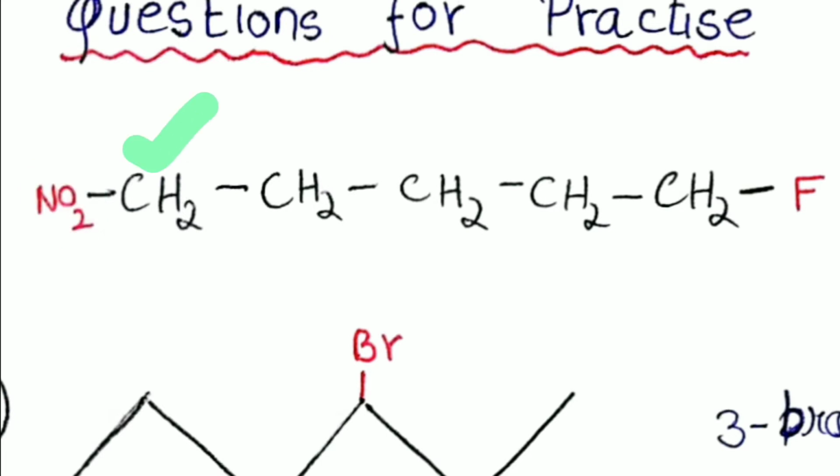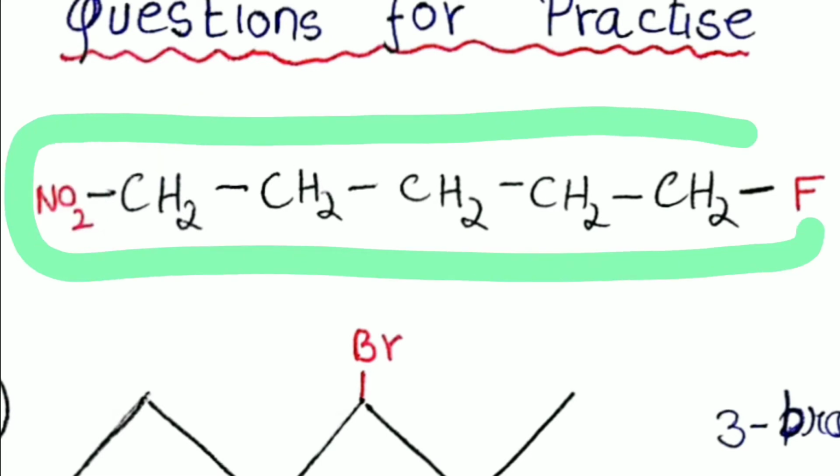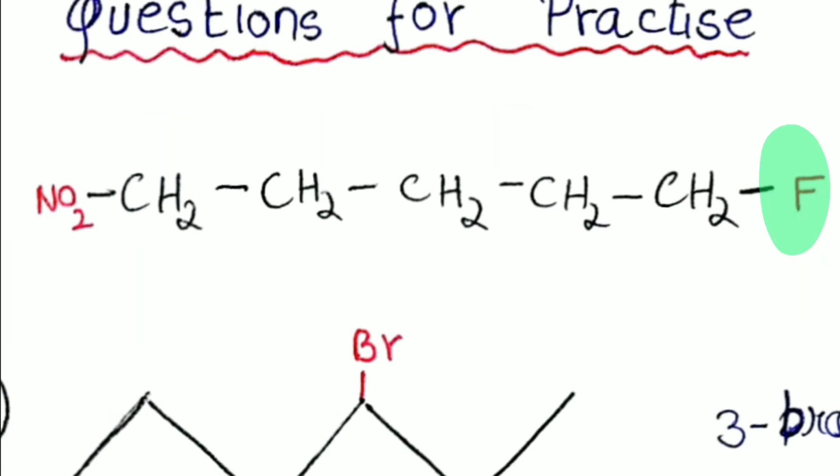As we know, according to the alphabetical order rule, we always give the lower number to the substituent which has a lower alphabet in the alphabetical order. So since F comes before N in the alphabetical order decision, we'll give the carbon containing the F in the principal carbon chain as the first locant.